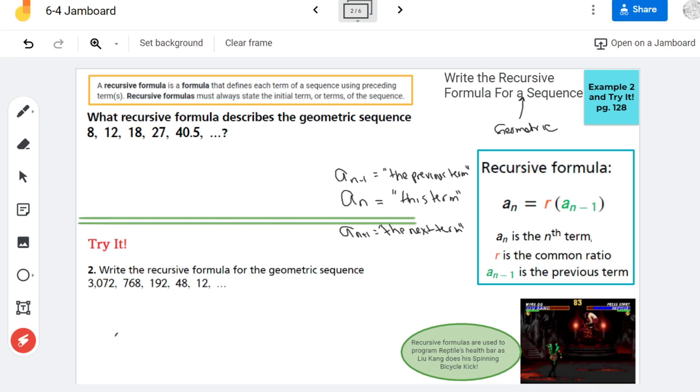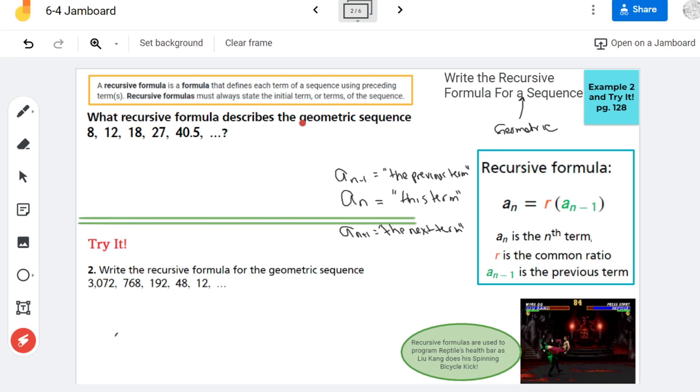Each time he kicks Reptile, my GIF's a little slow, but do you see how it kind of chunks down? It doesn't just do one smooth slide, it goes dot, dot, dot, dot, every time Reptile takes damage. So a recursive formula is used to program Reptile's life when Liu Kang does his spinning bicycle kick. Kind of a neat fact there.